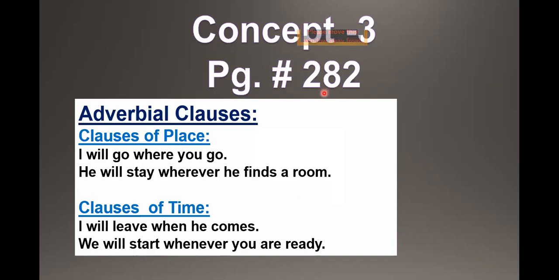Definitely, if there are 10 examples given, we cannot write all 10. But it is for you to have guidance from there, so that you can practice for the exams or tests, knowing where it is given in the book. Hurry up, you have 2 more minutes to complete this, then we'll change the slide.